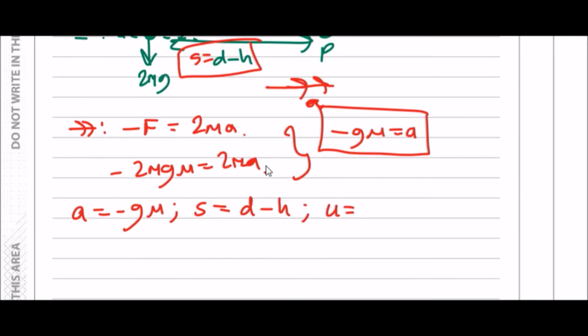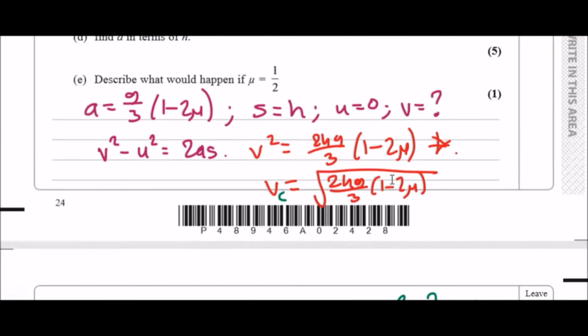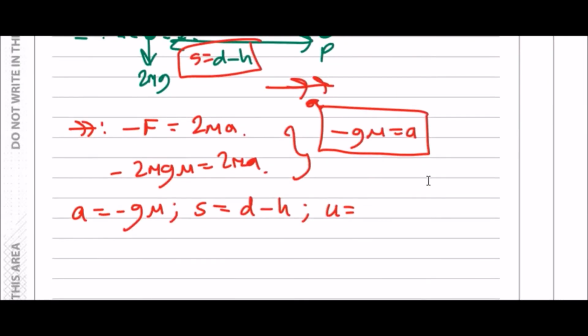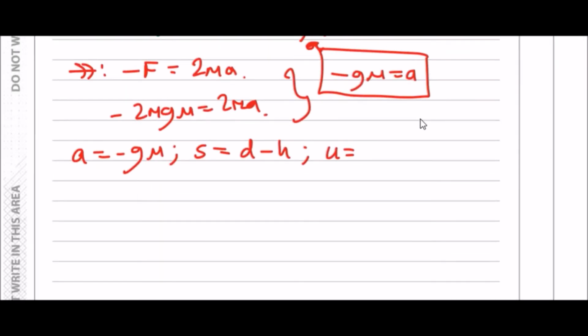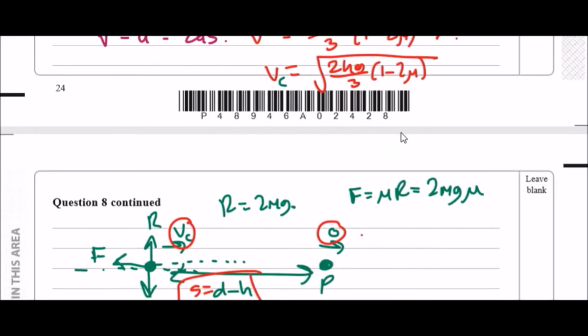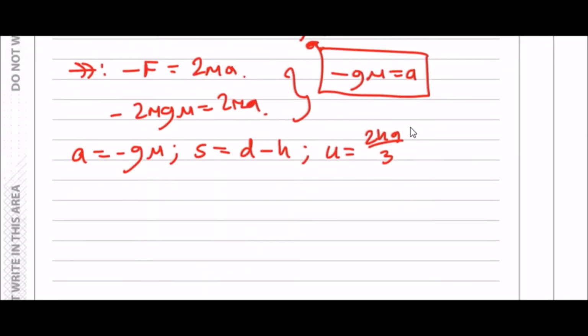Initial speed was vc, which is the square root of 2hg over 3 times 1 minus 2 mu. And we also have the final speed, which is 0.